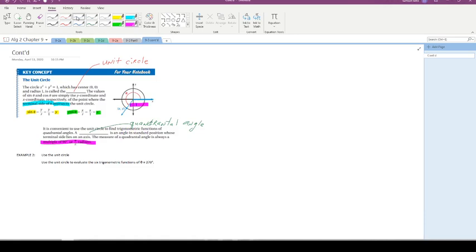So now let's talk about this part. We're going to use the unit circle now, which is right what we have here. And we're going to use the unit circle to evaluate the 6 trig functions of this one, which is theta equals 270. Okay?